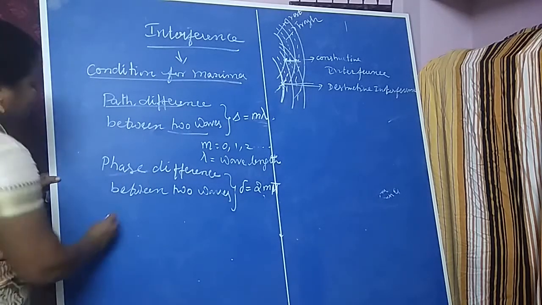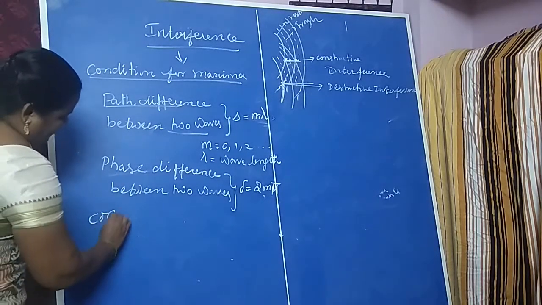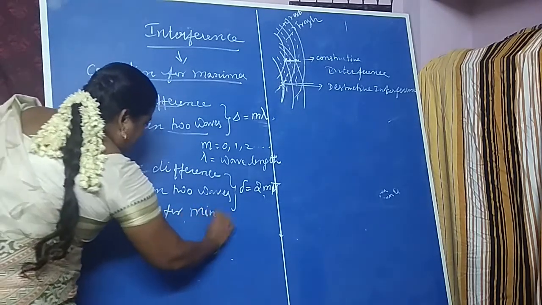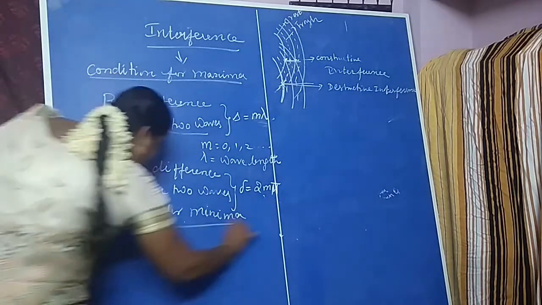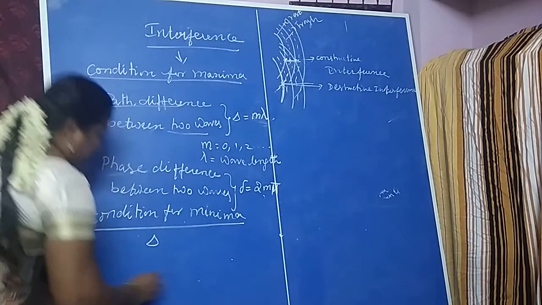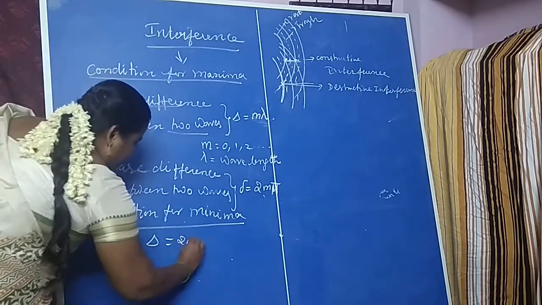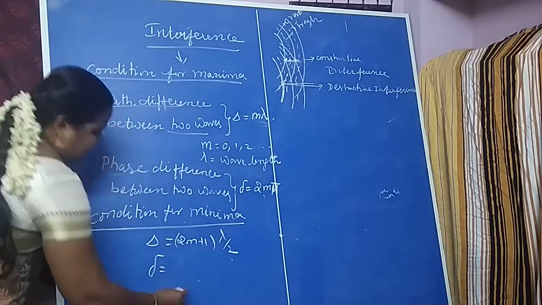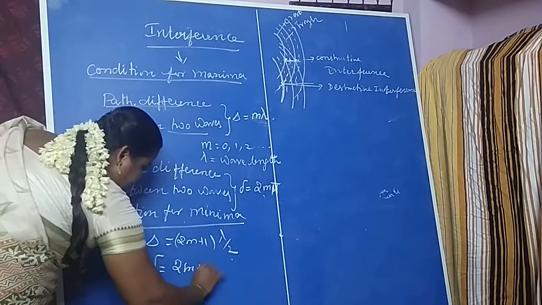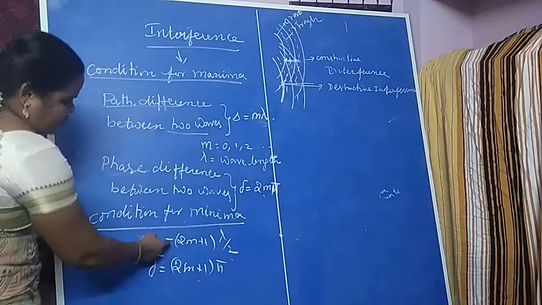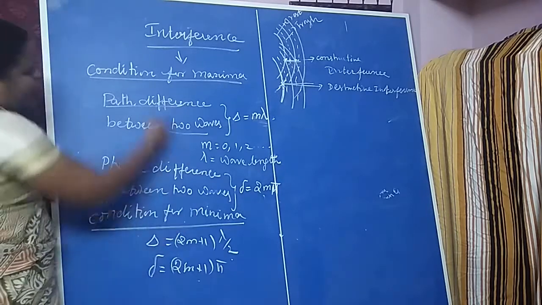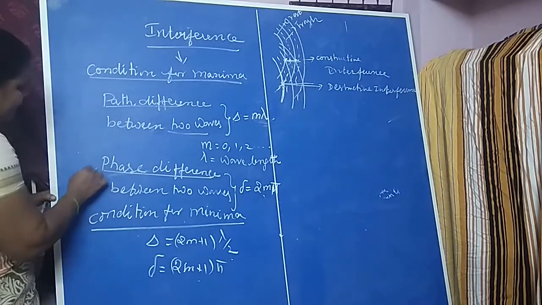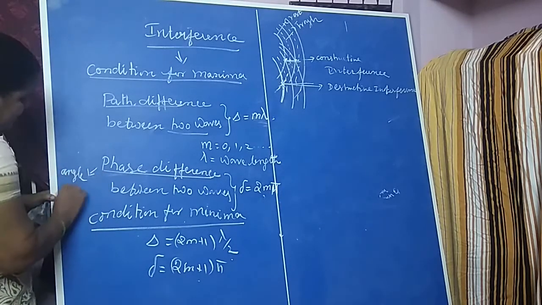Then the condition for minima. In this case, the path difference delta equals (2m plus 1) lambda by 2, and the phase difference delta equals (2m plus 1) pi. This is the condition for minima and this is the condition for maxima. Here the phase difference is the angle difference between the two waves.